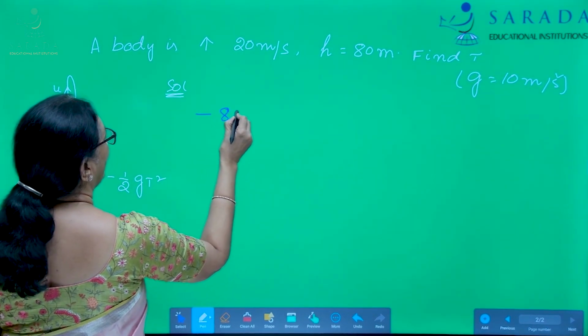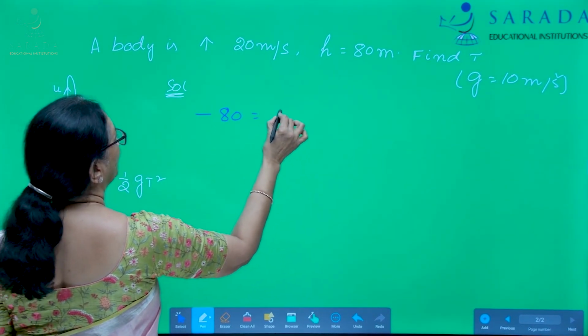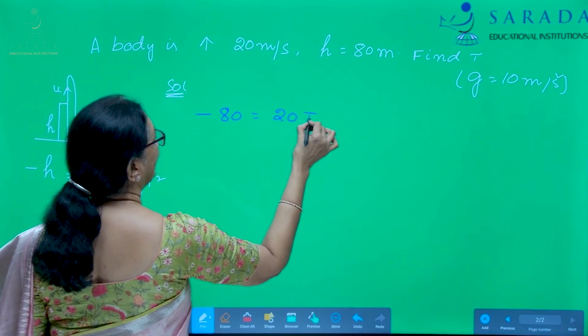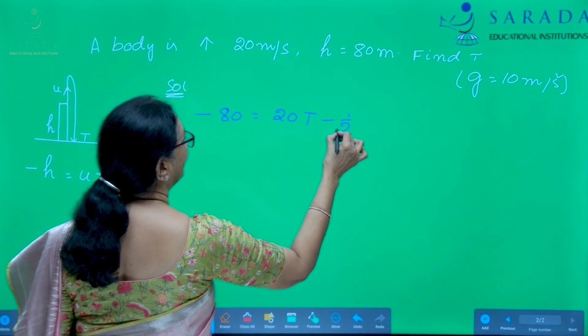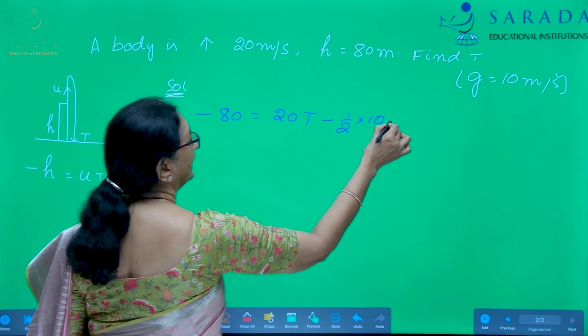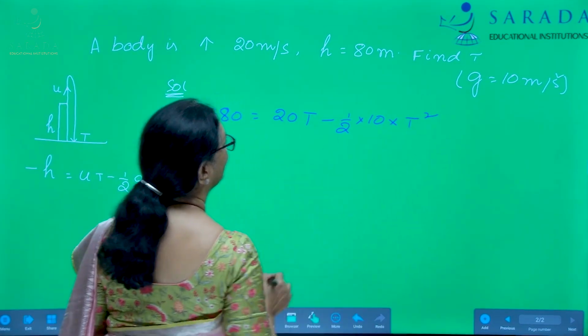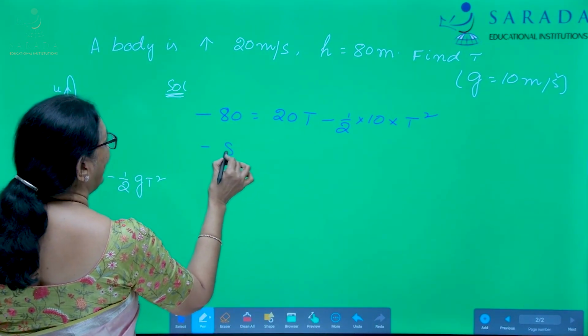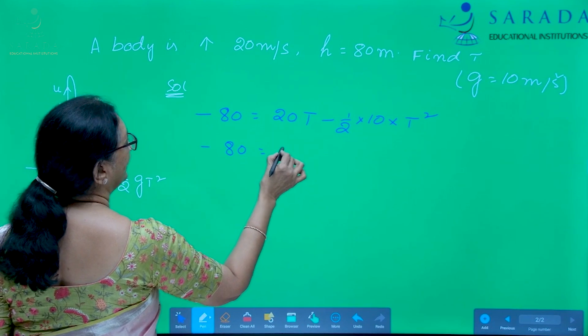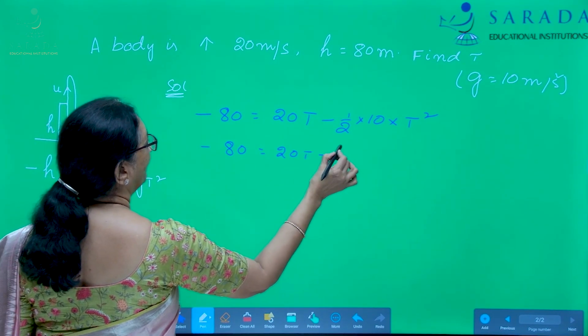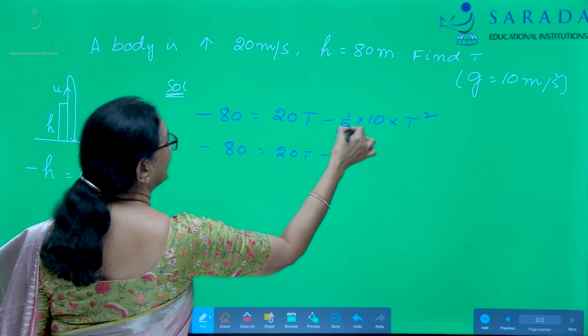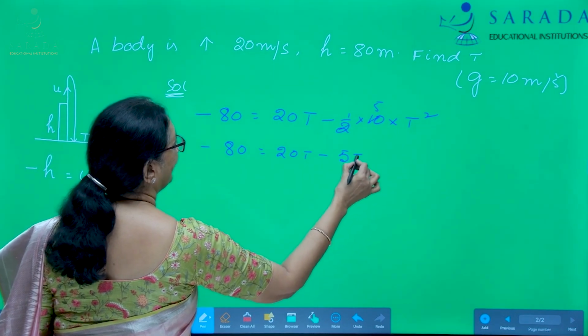Minus 80 = 20t minus 5, 2 gets cancelled, 5 times 5t square.